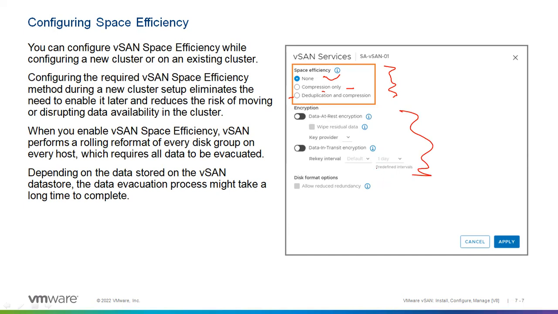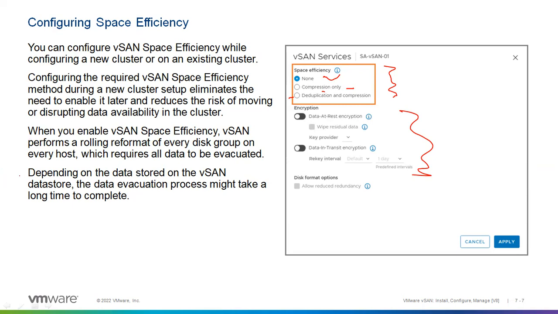Whatever setting we apply here is not at the VM level. It is for the entire vSAN datastore. It does not affect just one object, and we cannot exclude any of the objects that we create in a vSAN datastore.